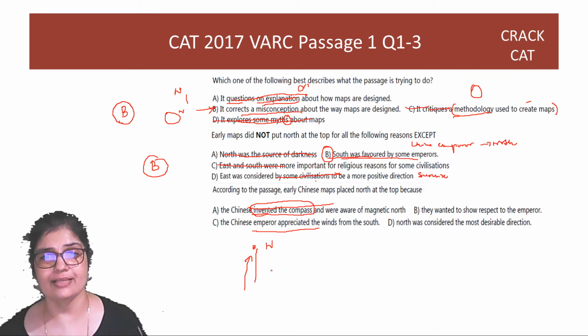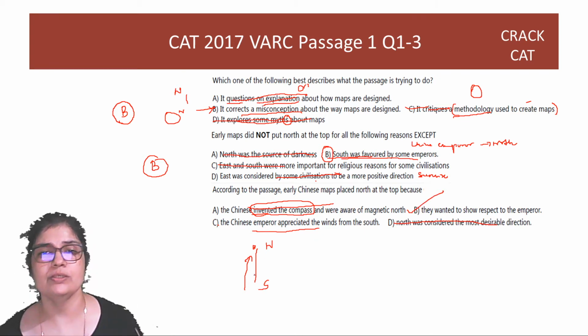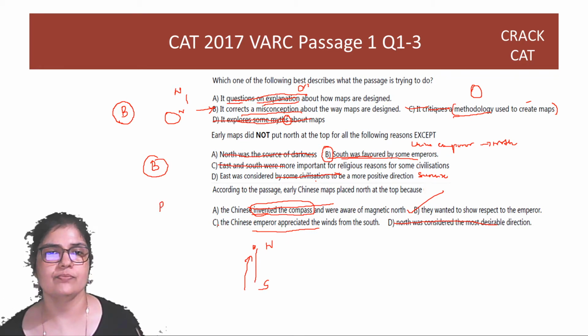So the emperor is at the north because he's facing the south, and people have to look up to the emperor, right? So this is part of the reason. North was considered the most desirable, bakwas. They wanted to show, that's the main reason. The emperor was in the north, and people wanted to show respect to the emperor. So the answer is option B.